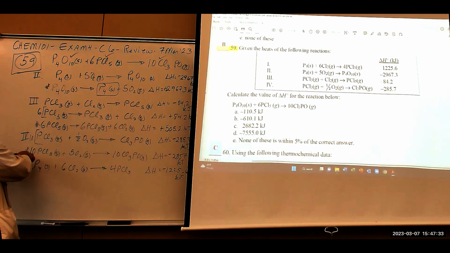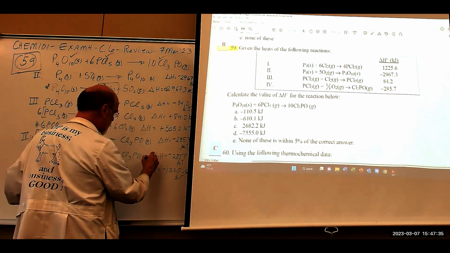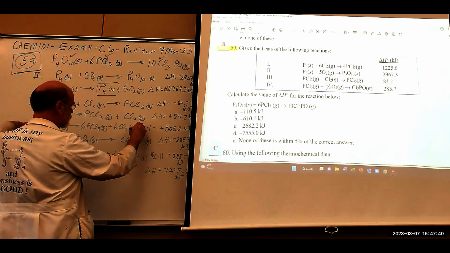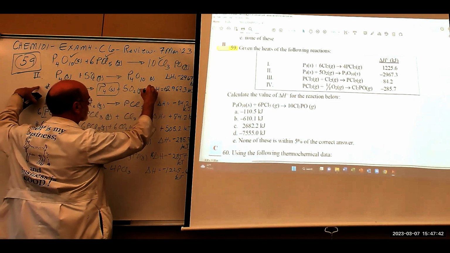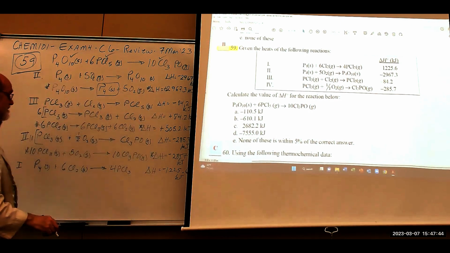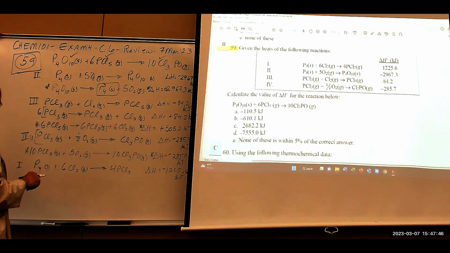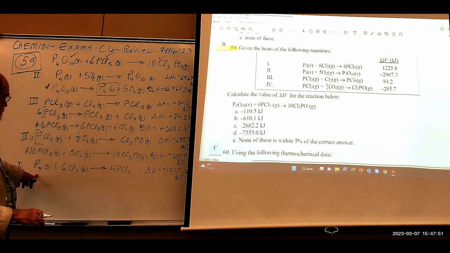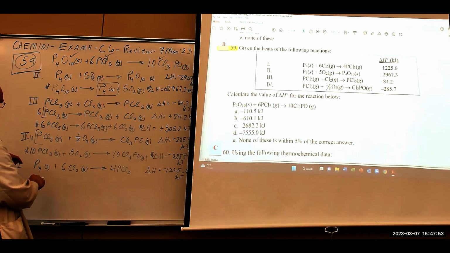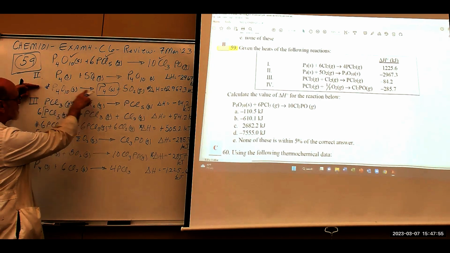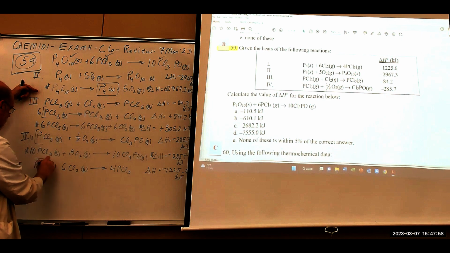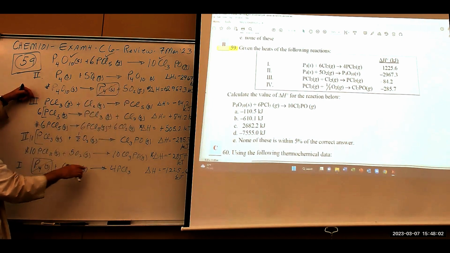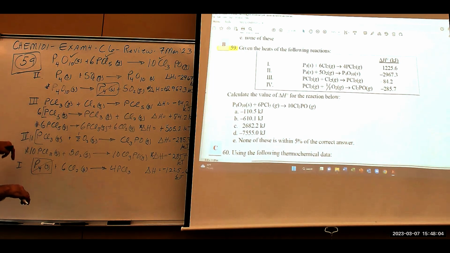By the way, if we're going to use this one, I better identify it over here also so I get the right numbers. I'm going to use this one and then this one. Okay. Now, we've taken care of the P4. Right, so there's that P4, here's the other P4. Those will cancel because they're on opposite sides of the arrow.